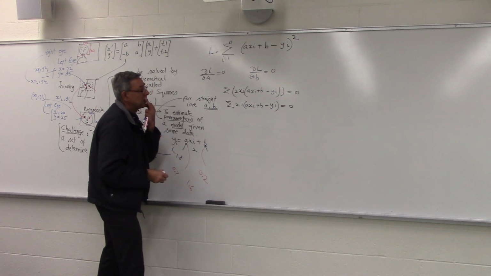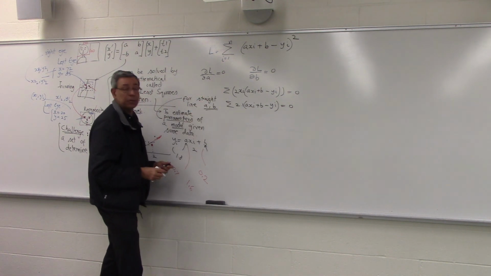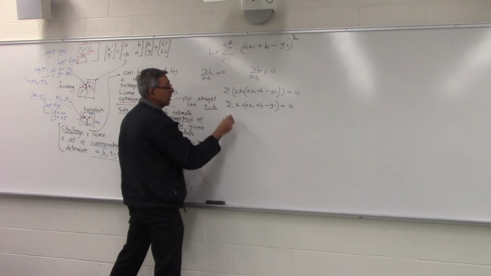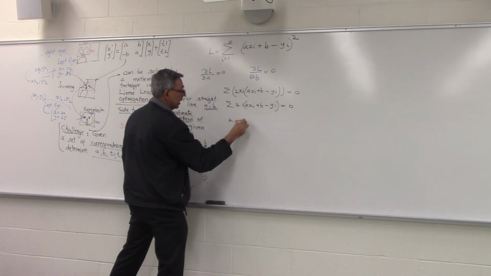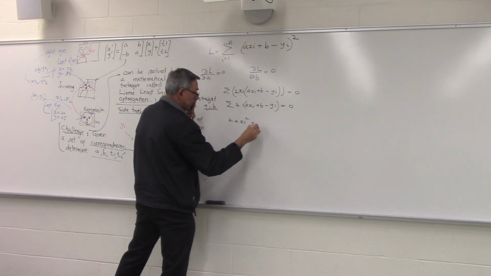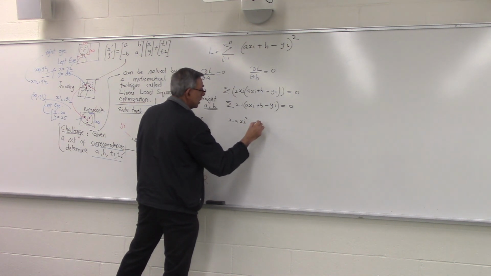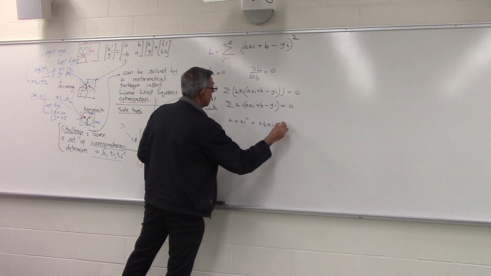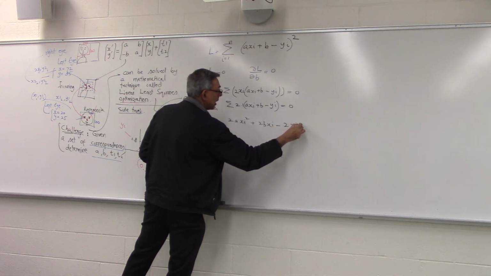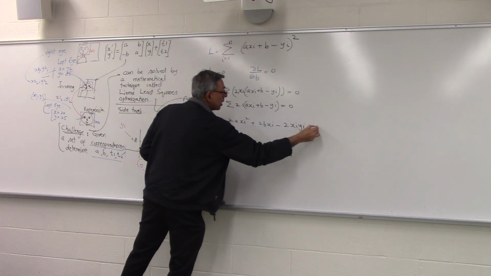So if I expand out the first equation, what does it become? 2 A x of I squared plus 2 B x of I minus 2 x of I y of I equal to 0.